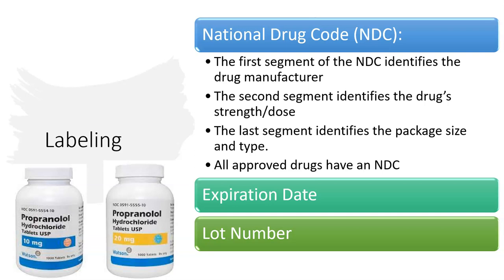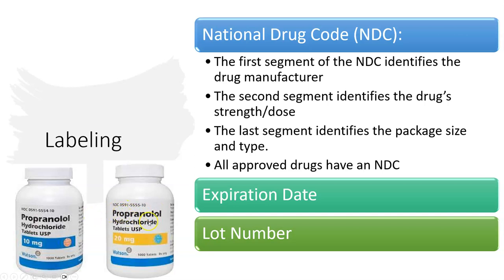The first segment identifies the drug manufacturer. Down here I have some examples. Here we have propranolol, a 10 milligram and a 20 milligram. This is a generic drug. It doesn't have the little copyright symbol after the name, and there's no other name on here. The hydrochloride is the salt component of propranolol, so all you really need is the propranolol.